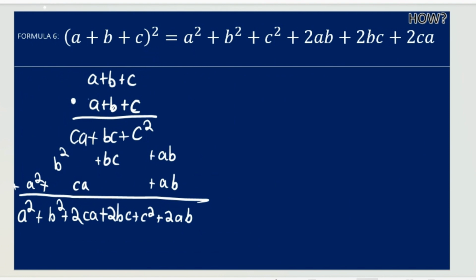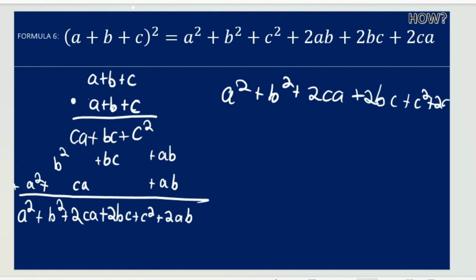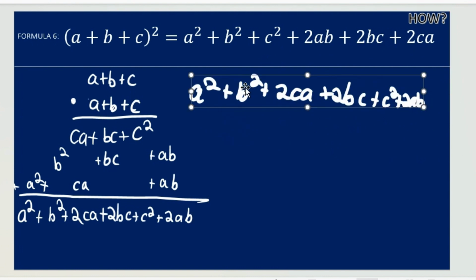Now we're going to do the left-hand side over here. The left-hand side is A squared plus B squared plus 2CA plus 2BC, sorry, I meant BC, plus C squared plus 2AB.